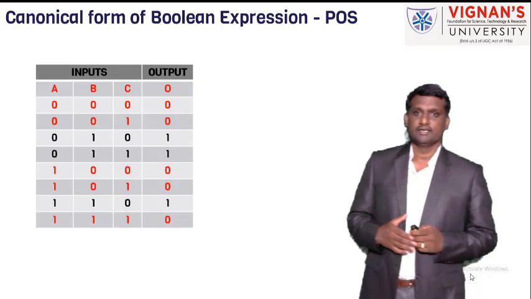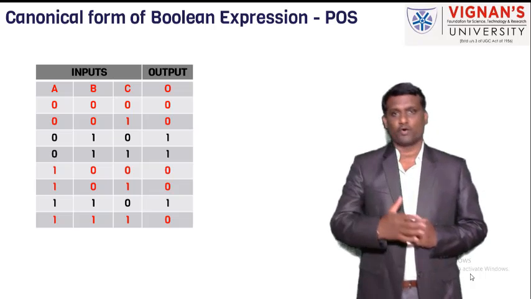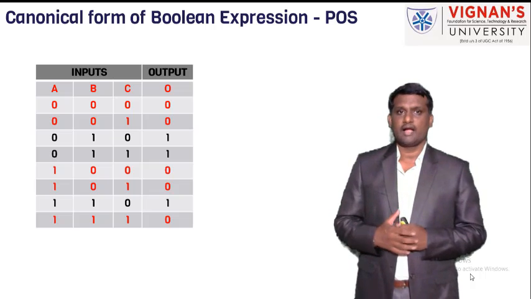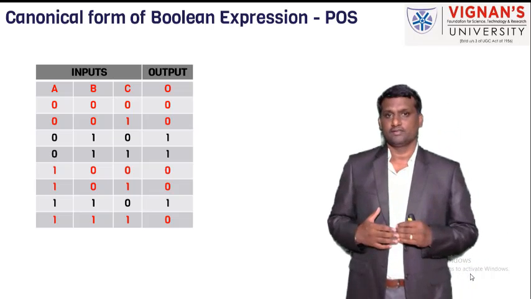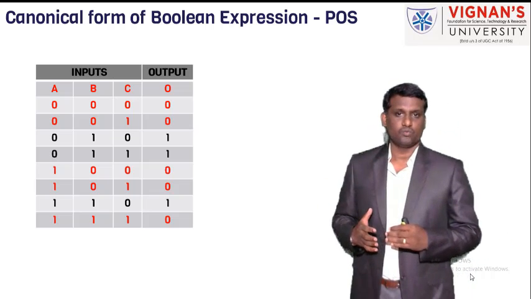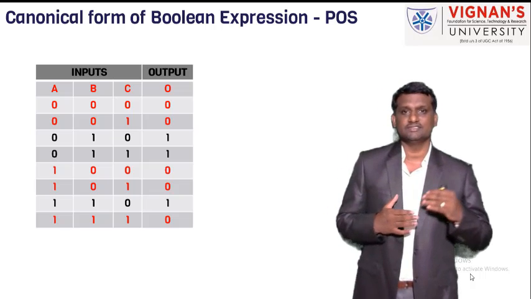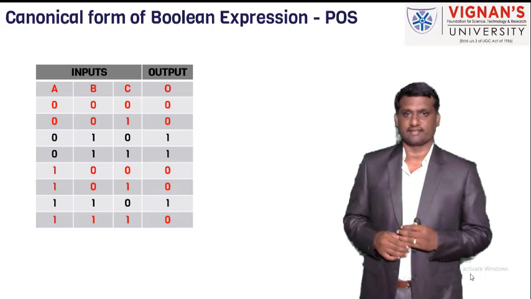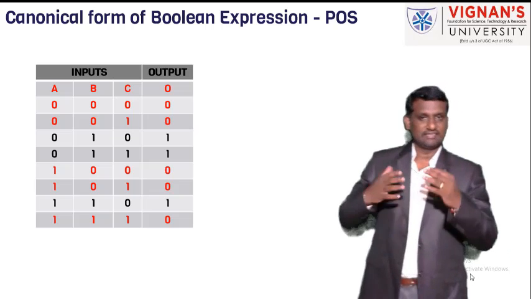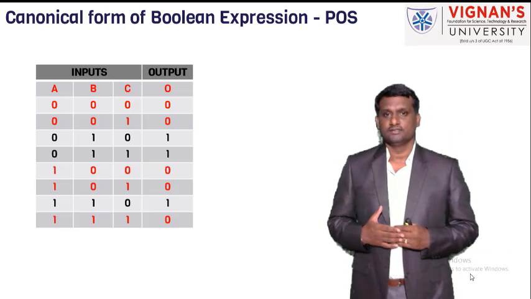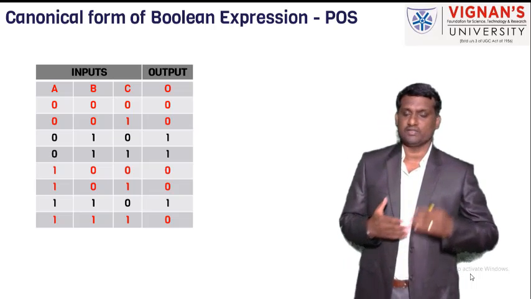Here also a 3 variable truth table and 1 output. In order to develop product of sum terms from the truth table, we should consider output of 0 combinations. With the 3 inputs, there is a possibility of 2 cube combinations, that is 0 to 7.